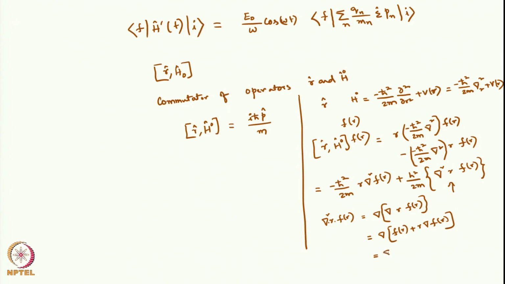So, you will get del f of R plus, now you have again a product of two functions, and del of R is 1. So, you will get del f of R because that is 1, plus del acting on del f of R gives R into del square f of R.